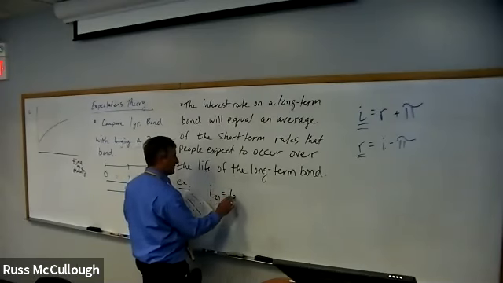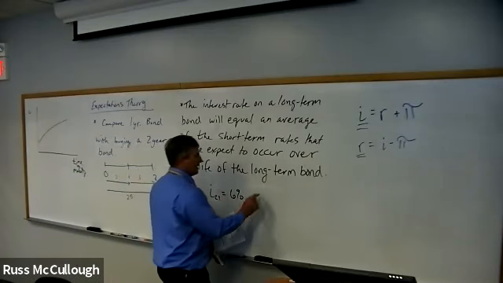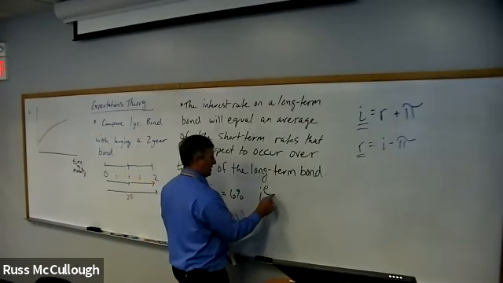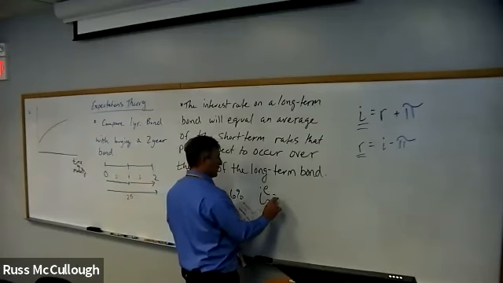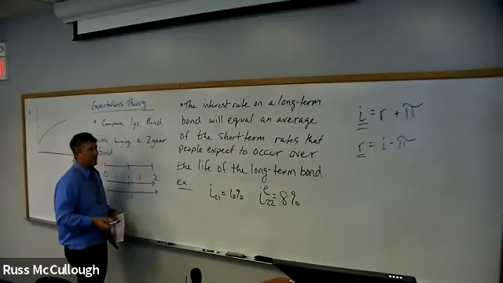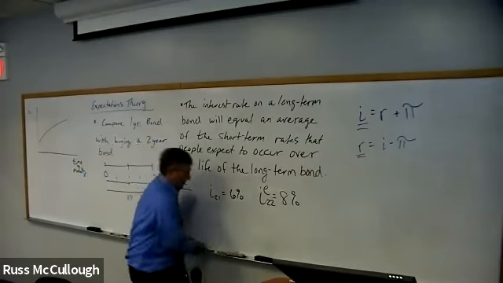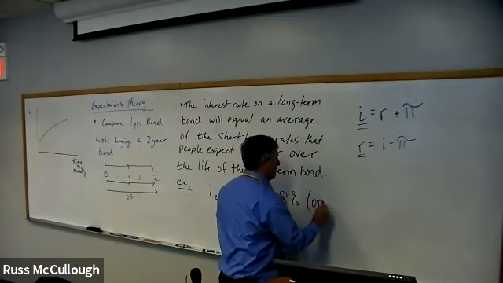So the interest rate for 21 is 6%. And the expected interest rate for 22, a 1-year bond, is 8%. So again, these are both 1-year bonds.